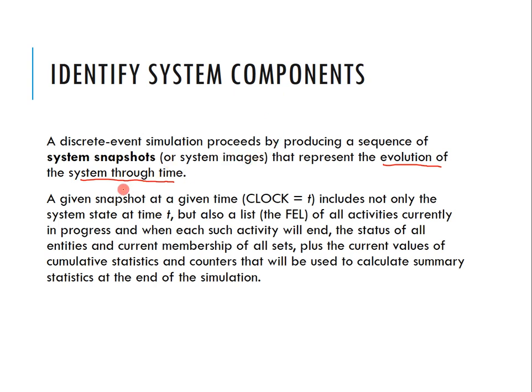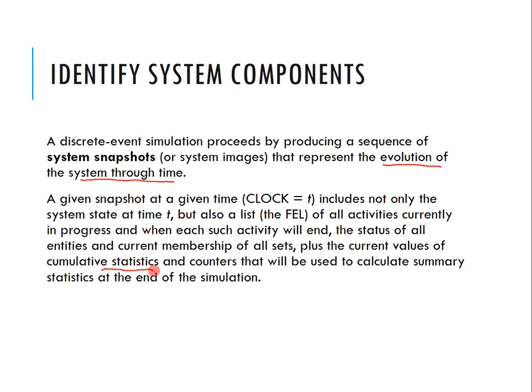So given a snapshot at a given time t, where the clock represents the simulation time, it includes not only the system state at time t, but also a list of all activities currently in progress and when each such activity will end, the status of all the entities, the current membership of all sets, plus the current values of cumulative statistics and counters.